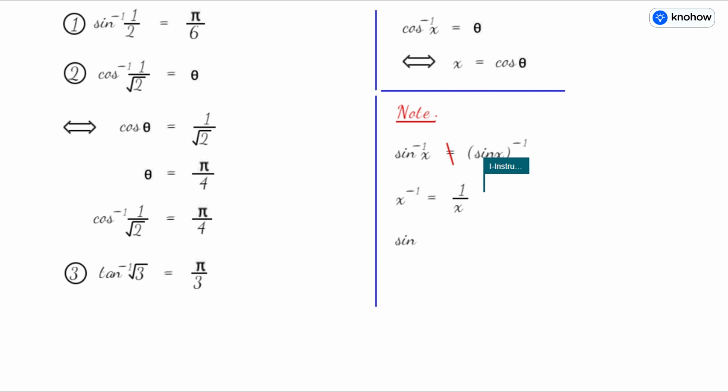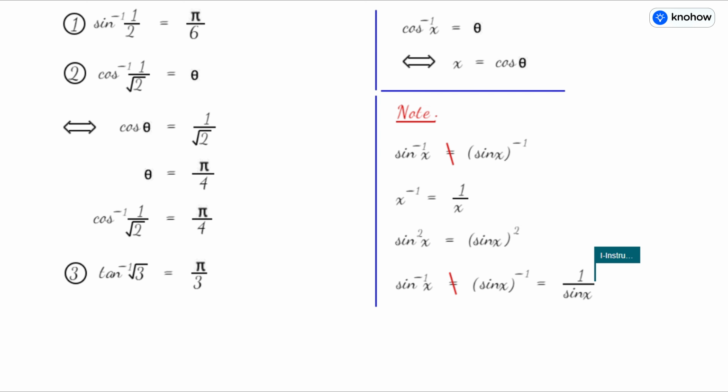If I write sine square x, that means sine x whole square. But in this particular discussion, sine inverse x is not sine x to the power minus 1 or 1 by sine x. The idea here is totally different: sine inverse x is an angle, say theta, such that sine theta equals x. Have you understood?